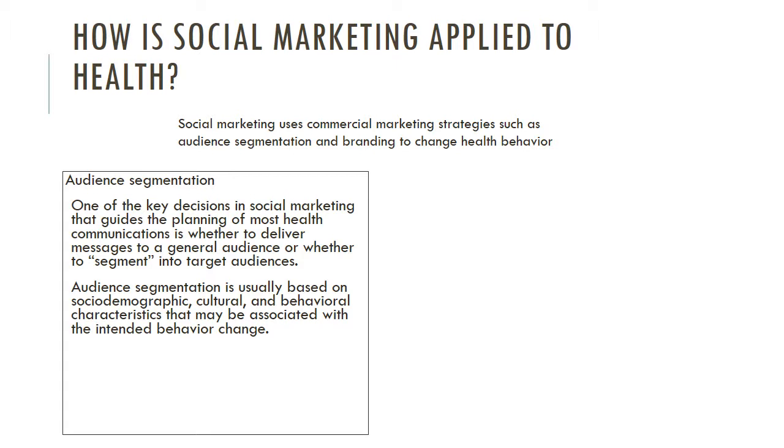Audience segmentation is usually based on socio-demographic, cultural, and behavioral characteristics that may be associated with the intended behavior change. For example, the National Cancer Institute's 5 a Day for Better Health campaign developed specific messages aimed at Hispanic people because national data indicate that they eat less amounts of fruits and vegetables and may have cultural reasons that discourage them from eating locally available produce.